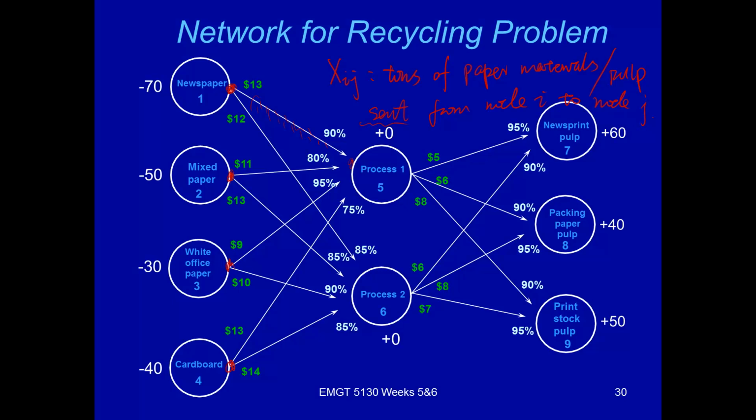This many was sent, and when this volume gets transported to here, only 90% of it is left. Same on this side. Here I again emphasize a clear and accurate definition of your decision variables. This is one example: our xij uses the special word "sent" to make sure it actually captures what we meant. So that's the decision variables.